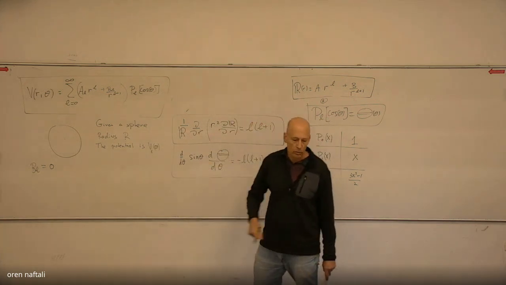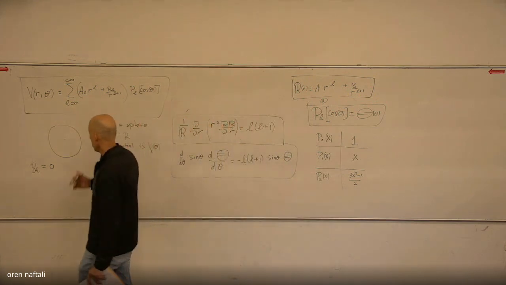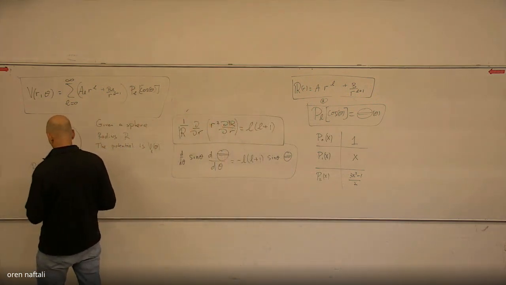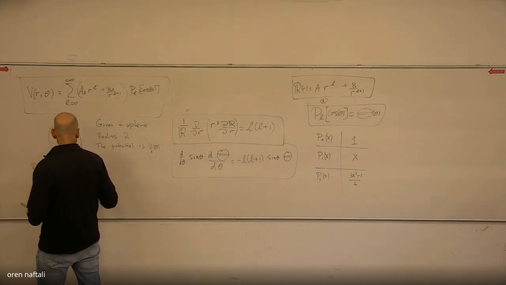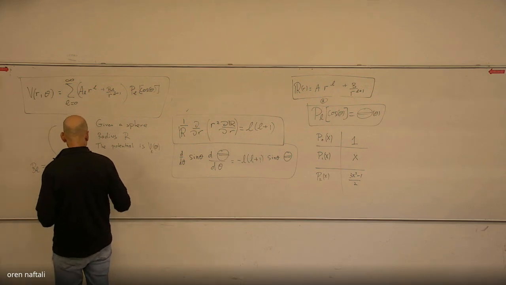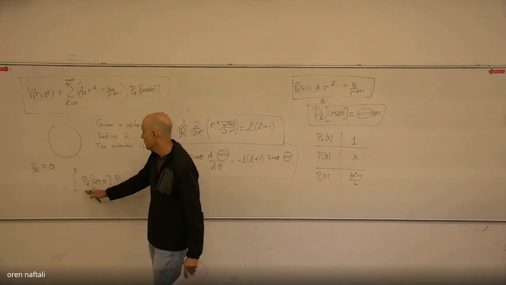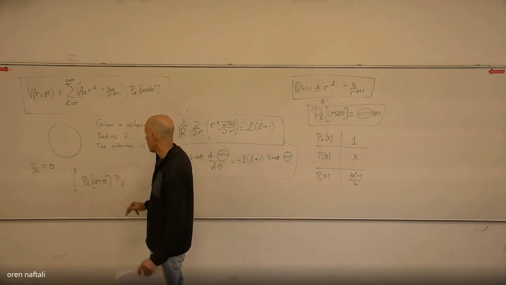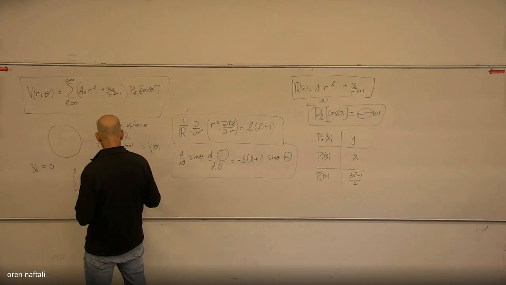Now you need to go to your toolbox again, take it out, whenever you want. And this is the orthogonality relation: the integral of P_L cosine theta, P_L prime cosine theta, sine theta d theta, so we have two different indexes, L and L prime.